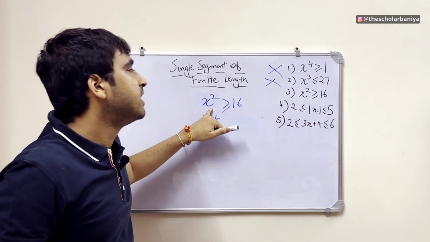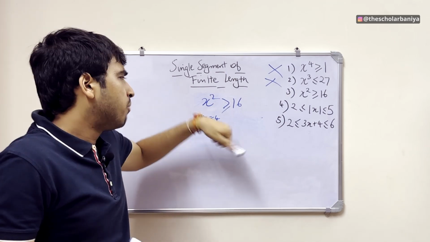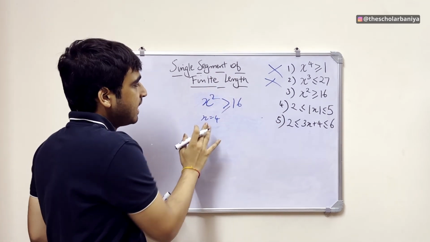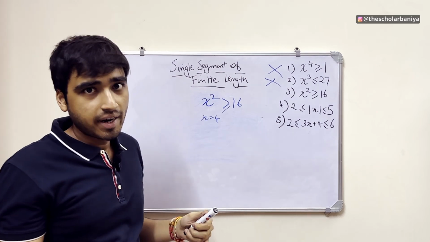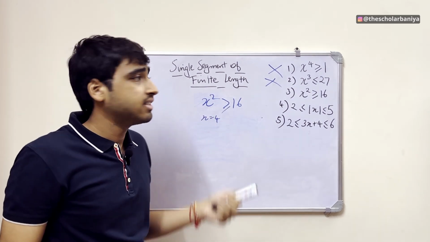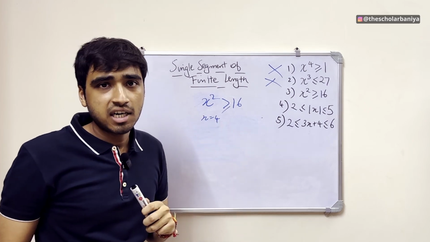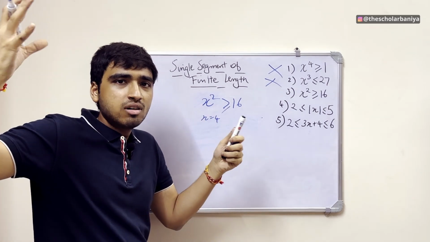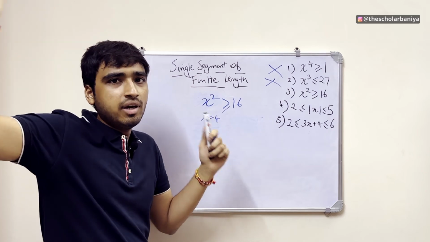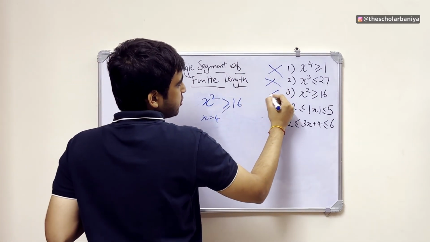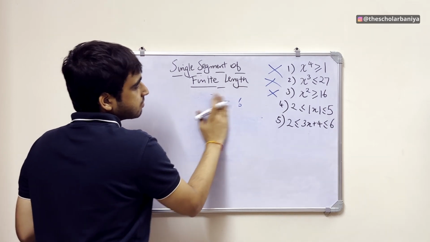For example, 1 million square obviously will be greater than or equal to 16. So for any value greater than, for example, 4, or even a negative, for example -4, it satisfies. -100 also satisfies. So again there is no bound, it's boundless, you can go till infinity or minus infinity. So this is also not an option, right?